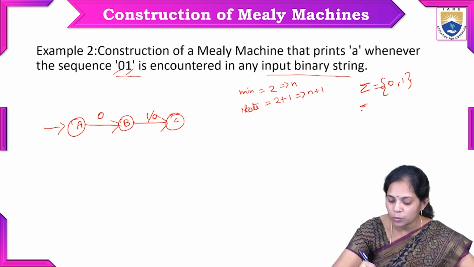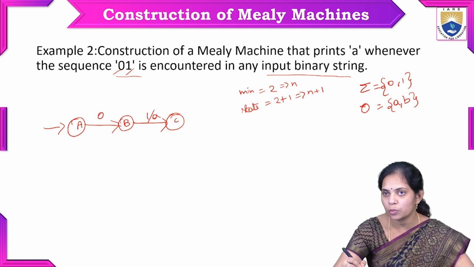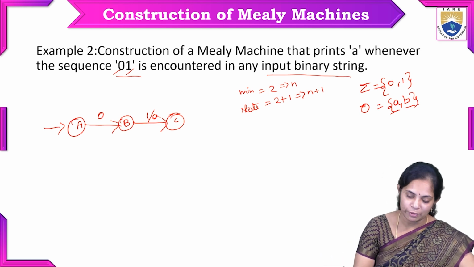The output symbols are a and b. We are taking these two outputs. Whenever 01 is encountered, it has to display A, and for everything else, when we encounter a single 0 or a single 1 or any combination except this 01, it has to print B. Like that we have to construct a DFA for this one.